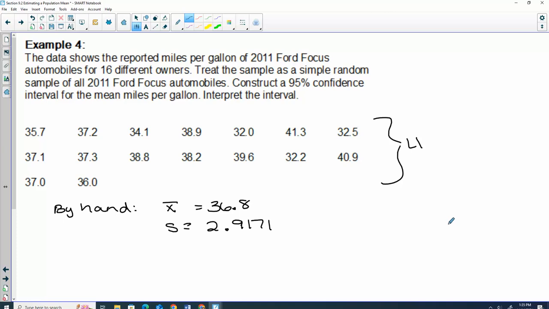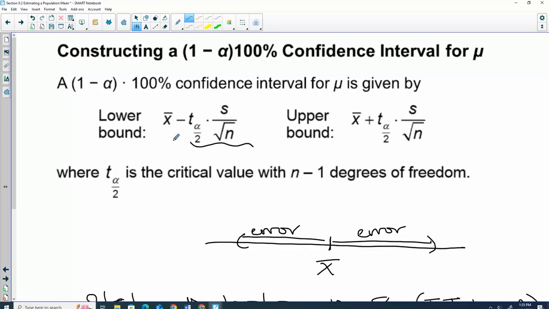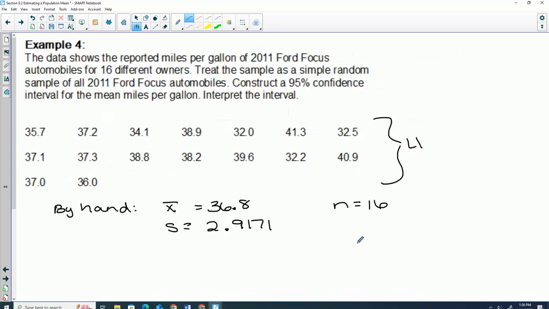Okay. To do it by hand, we need these things. We also need our n, which was how many? 16. And we're going to need, if you look back at our formula, t alpha over 2. We want a 95% confidence interval, right?